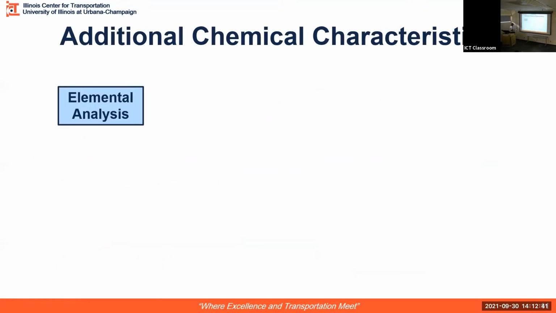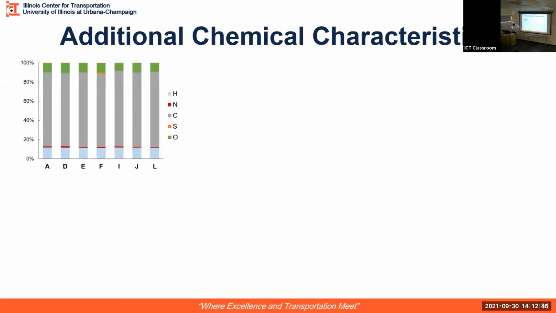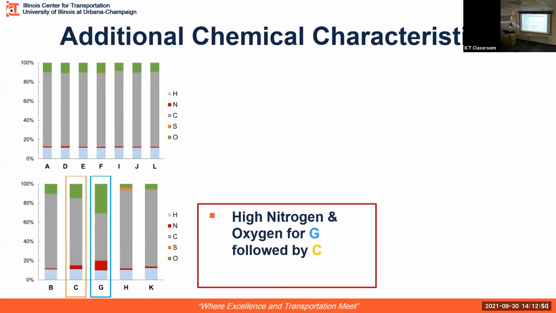Additional chemical characterization techniques were conducted on these modifiers to see their elemental composition. Interestingly, some of the modifiers, like G, had a significantly higher nitrogen and oxygen content, which can be explained by their typical structure.